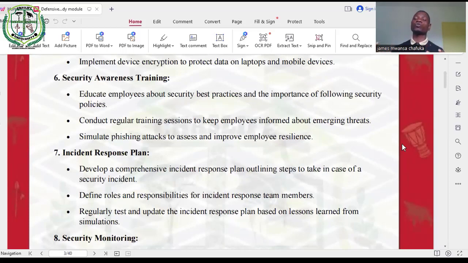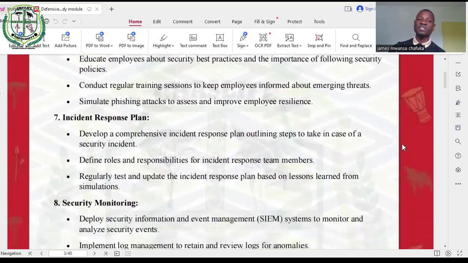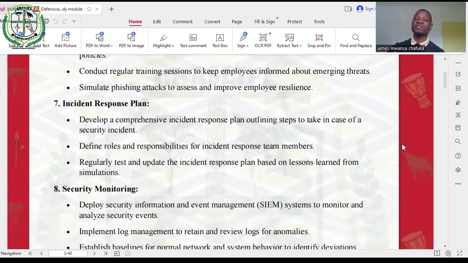The employees should be educated along those lines. Very important. That is security awareness training. And then there is also the point of simulating phishing attacks to assess and improve employees' resilience. It is very important to be able to detect any suspicious threats that might attack the system.